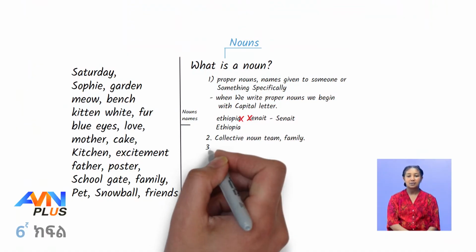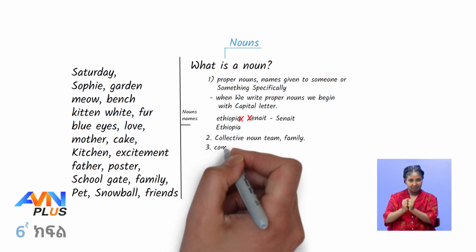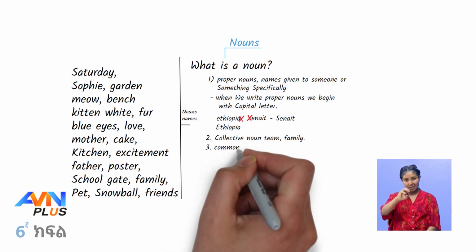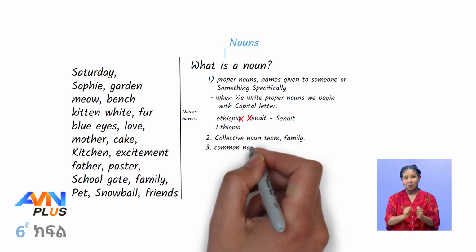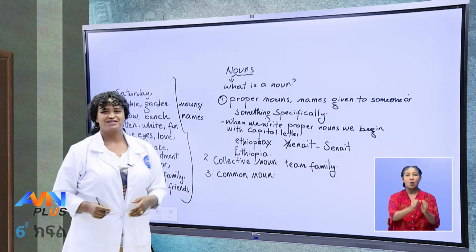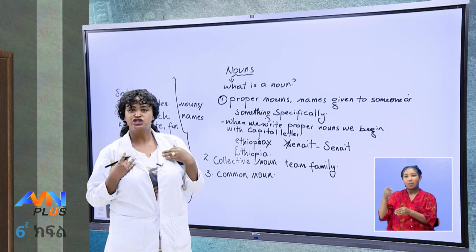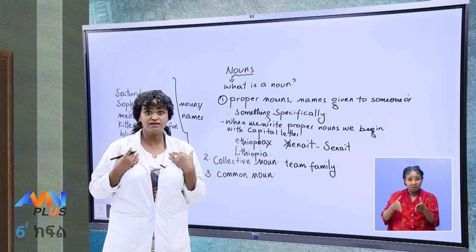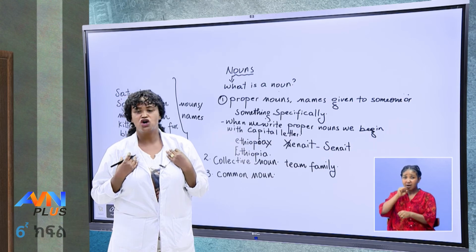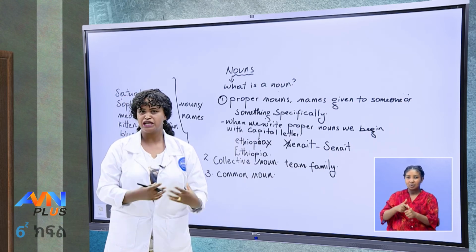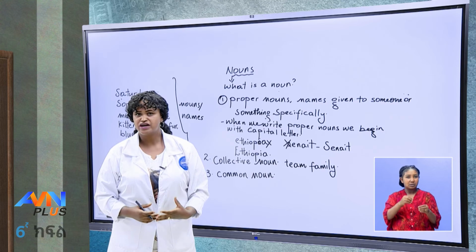Another one is common noun. Common noun. For example, what do you call me? Do you simply say teacher? I mean, Sanait? Yeah? Or do you simply call your English or mathematics teacher by their names?